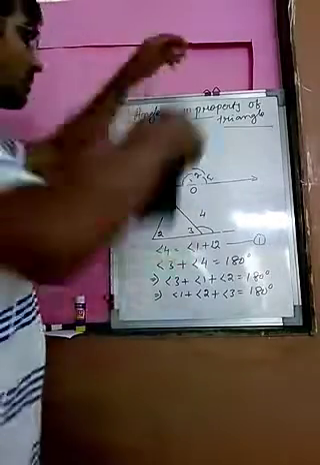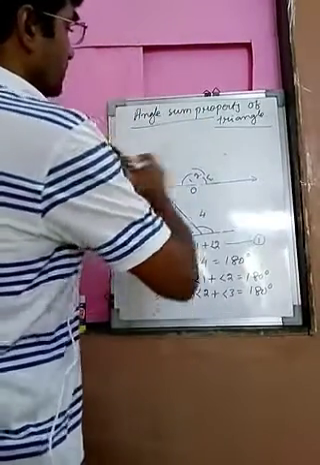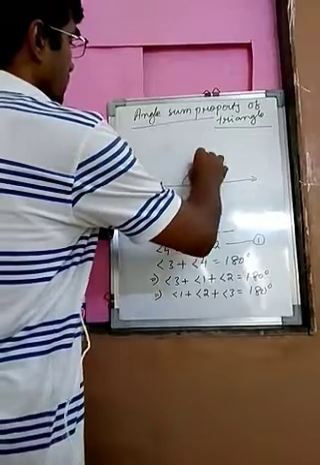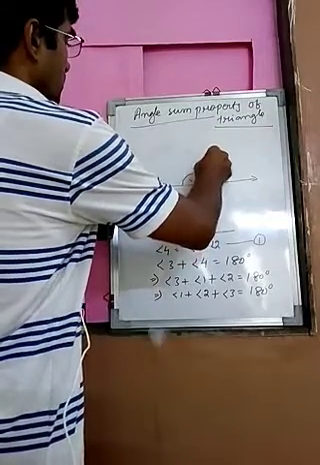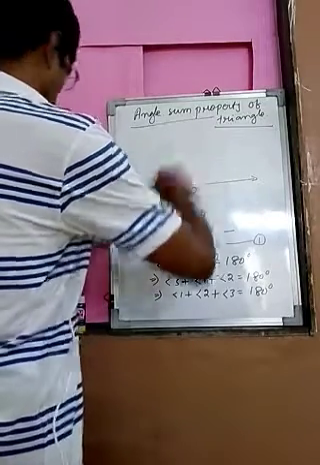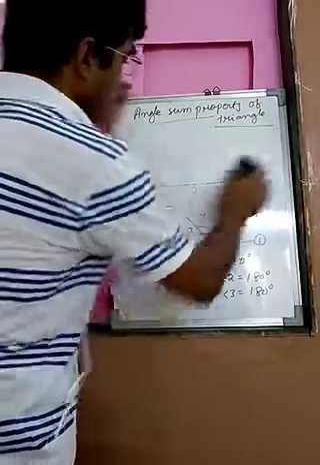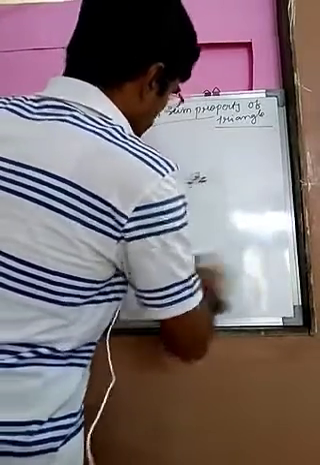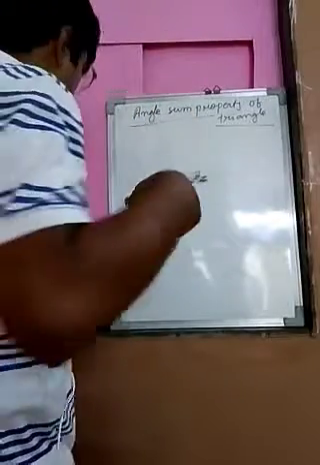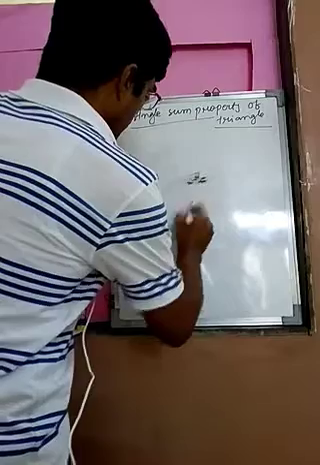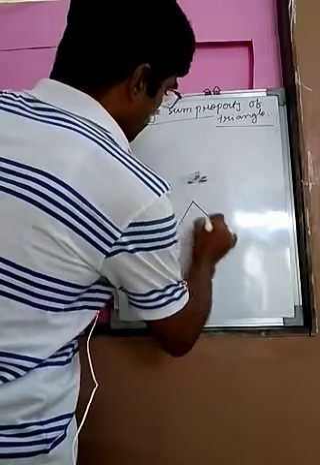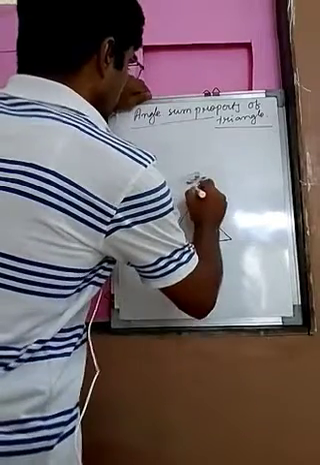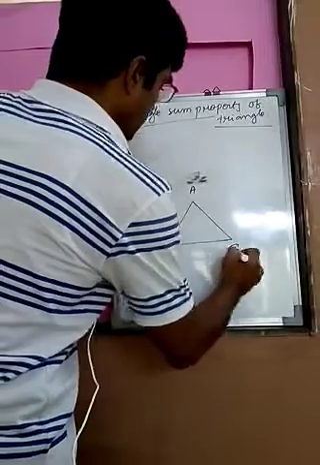Now we can go for the third method, that is the parallel line method. Let's check. What is the parallel line method? Now this is one triangle ABC.